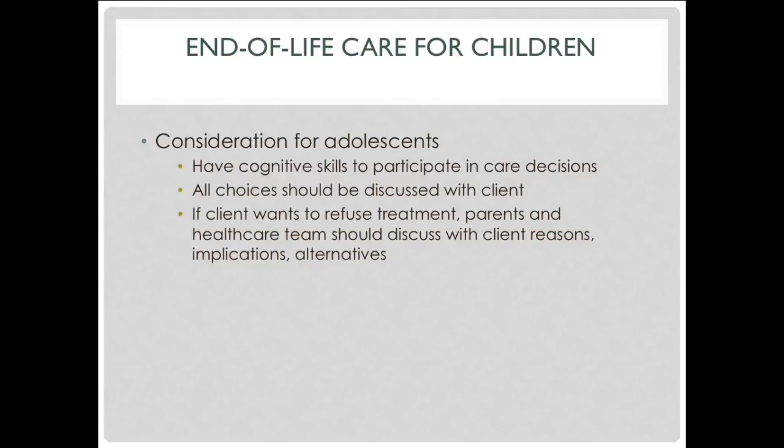And we work with their parents to help them allow their child to make their own decisions. And again, it's a quality of life conversation, where sometimes for parents it's a quantity of life conversation. So kind of be aware of that.